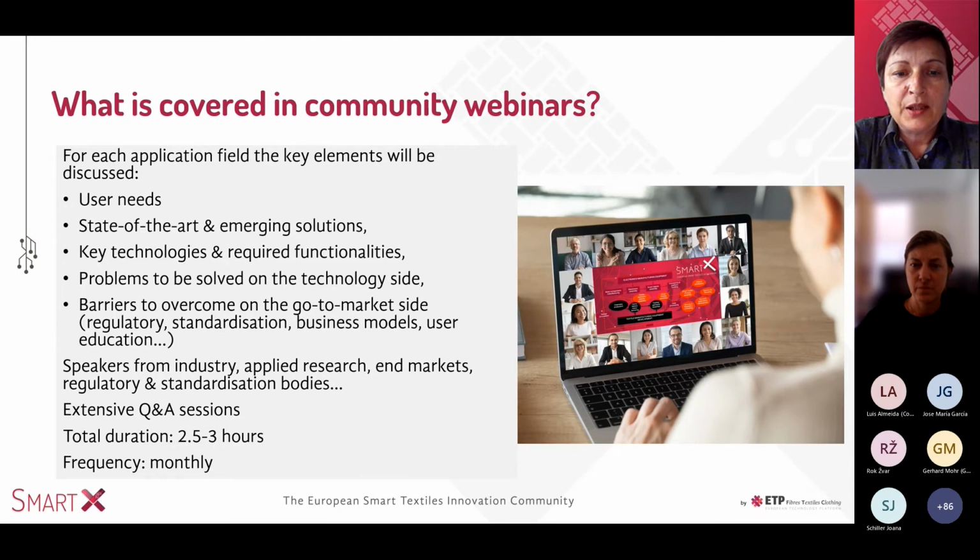In a similar way, we will also discuss the application field of personal protection equipment, the field of sport, then also smart textiles for home textiles and construction and building in the continuation. For every webinar, I will do my best to bring speakers from the industry, from applied research, and also from the field of standardization and technical norms.